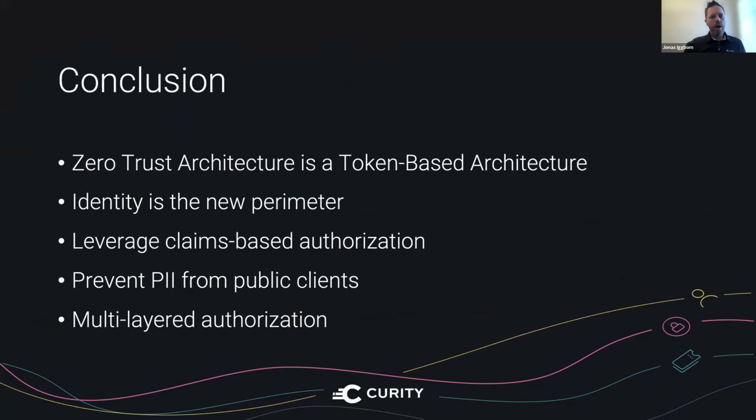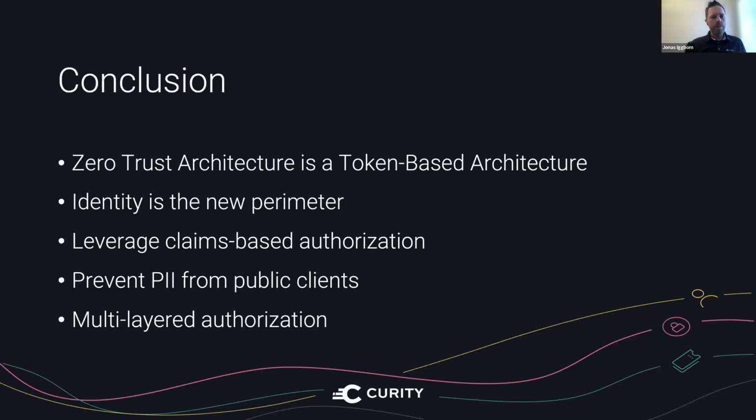So, in wrapping that up and handing it over to Keith to move this forward: Zero Trust matches and aligns extremely well with the token-based architecture, where a token can be passed around as the authentication mechanism, meaning the identity is essentially the new perimeter versus the network perimeter that we've seen in the past.